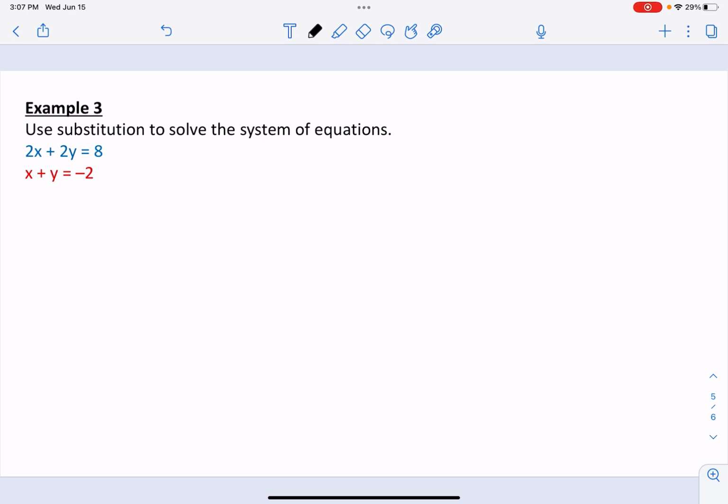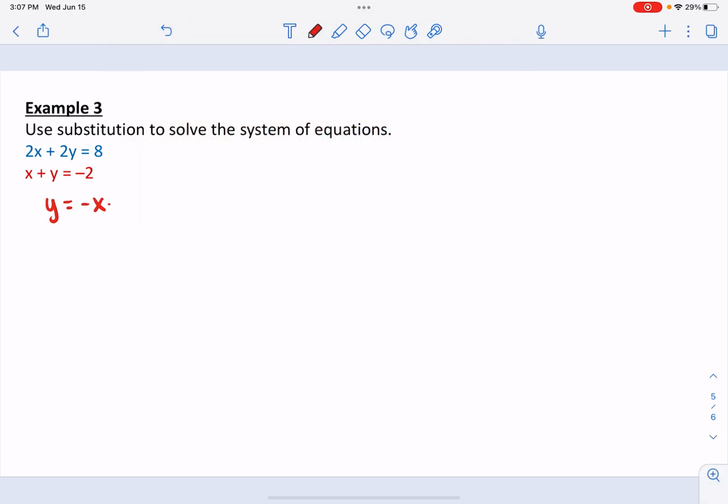Okay, use substitution to solve that system of equations. Again, what I see here is that the top equation has coefficients on the x's and the y's. But the bottom equation, the coefficients are both 1. So I'm going to solve this bottom equation for y.